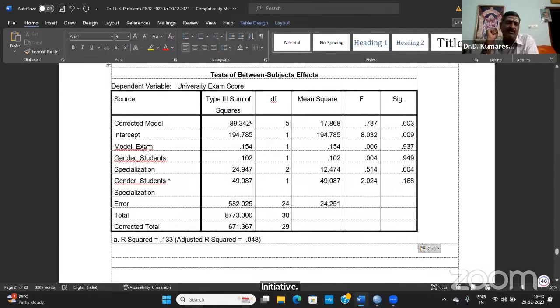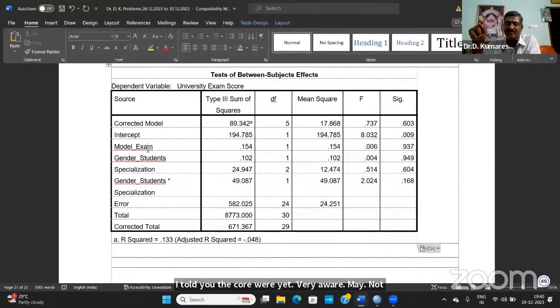I told you the covariate variable may, not must, influence the dependent variable. But for understanding only, here it is given as not significant in this case.